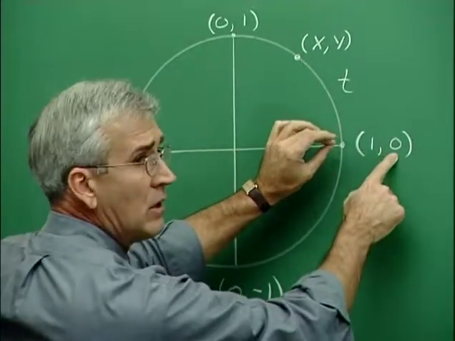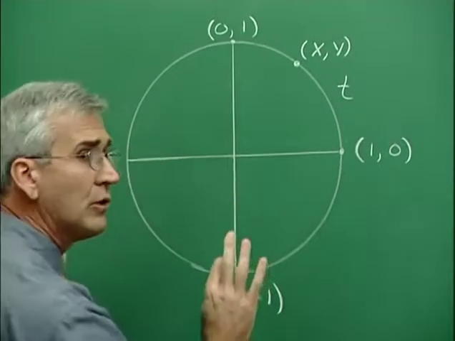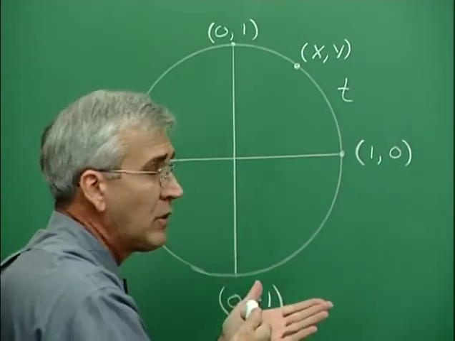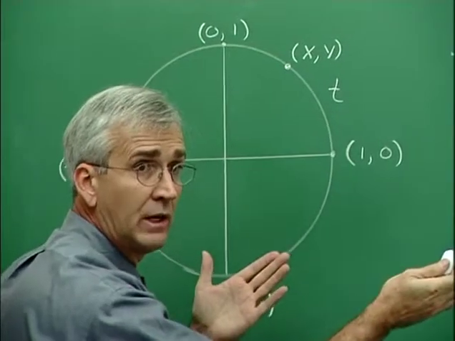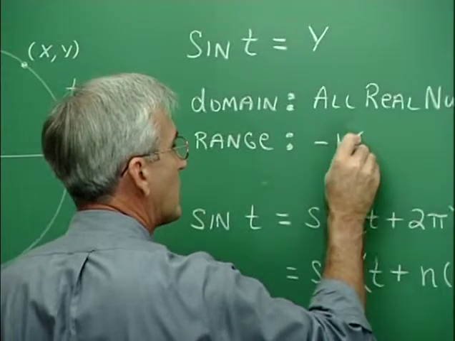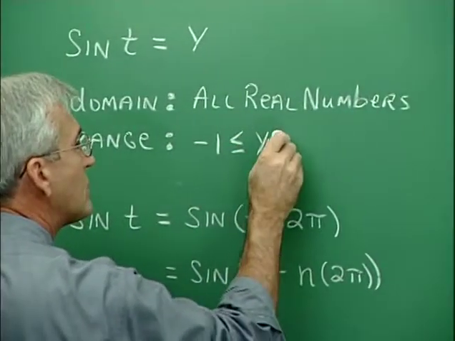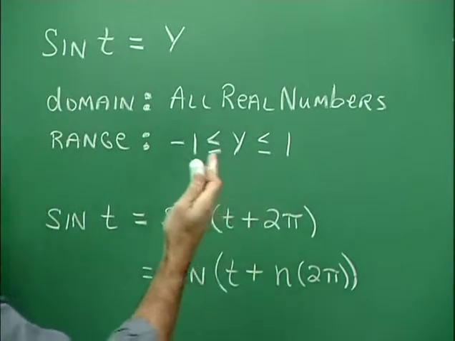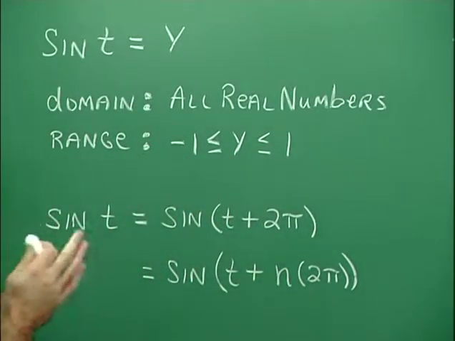So the smallest y value we can get is -1, and the largest is 1. So the range is -1 less than or equal to y, and y less than or equal to 1. In a similar way, we could examine domain and range for the other trig functions.